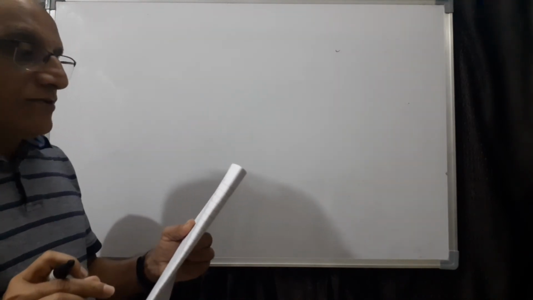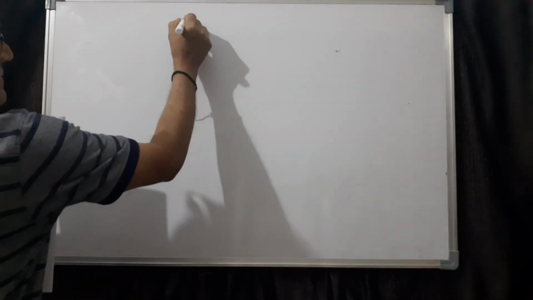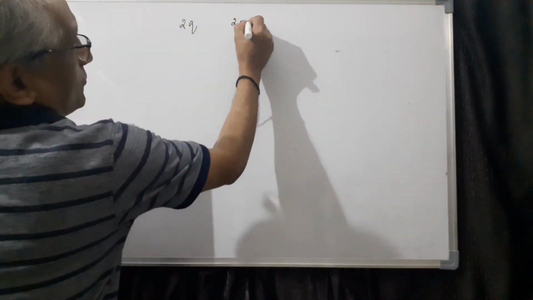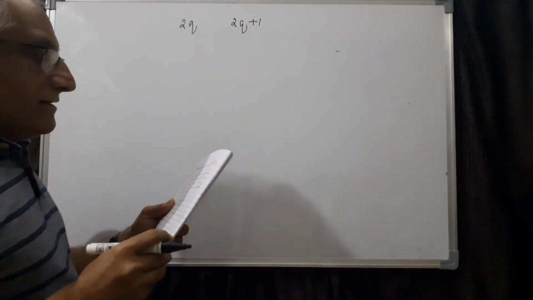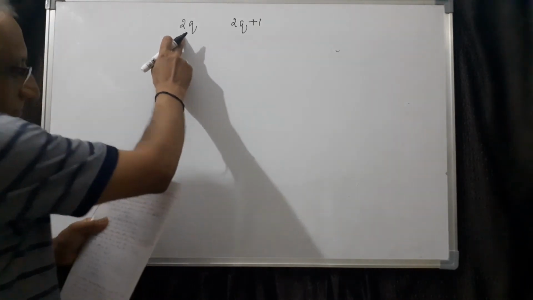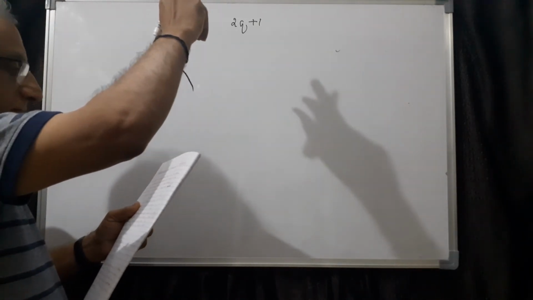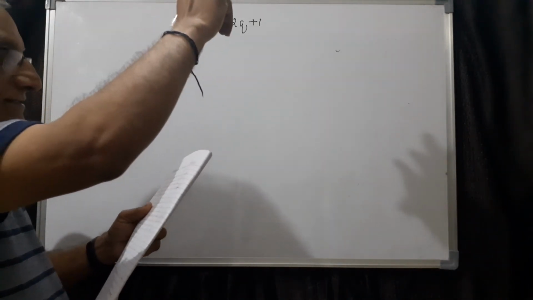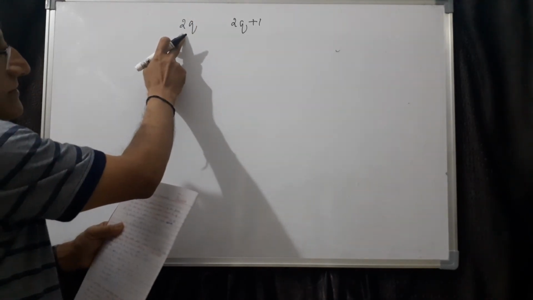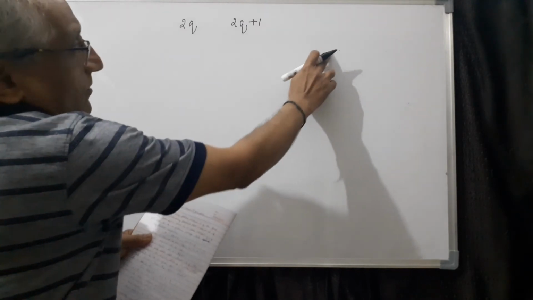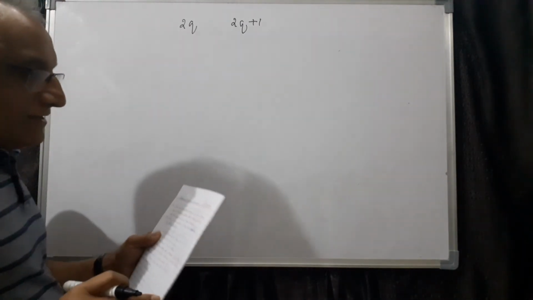The question is this, a worked out question: show that every positive integer is of the form 2q or 2q plus 1, where q is some integer. That is, every positive even integer can be written in the form 2q, and every odd number can be written in the form 2q plus 1.